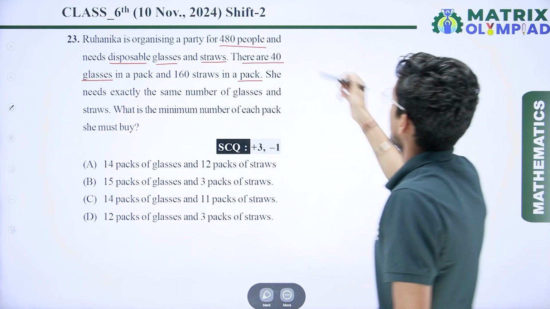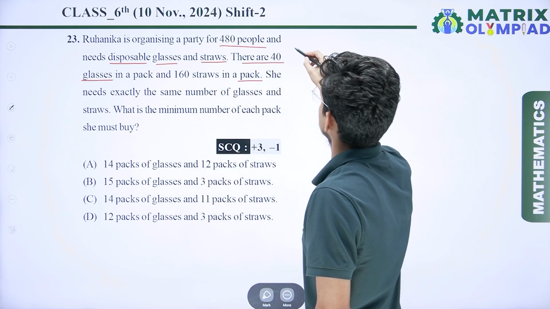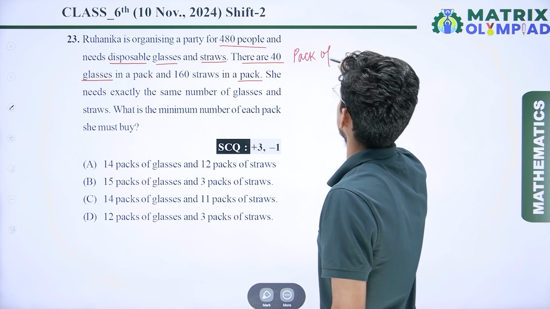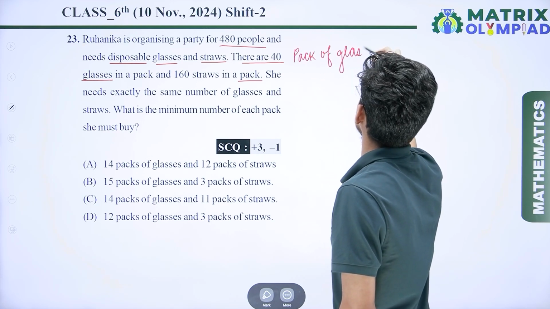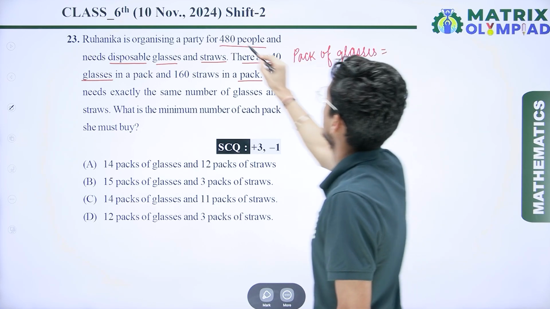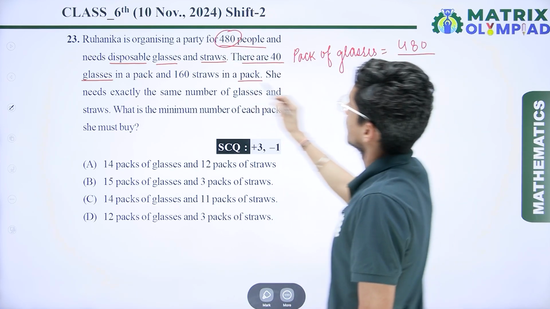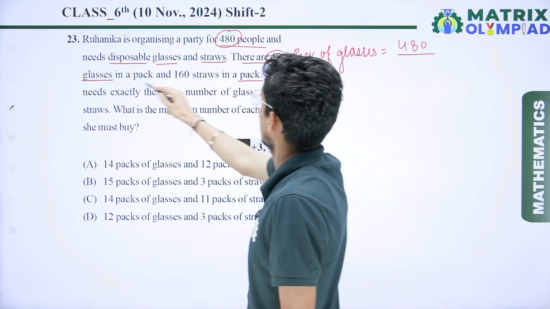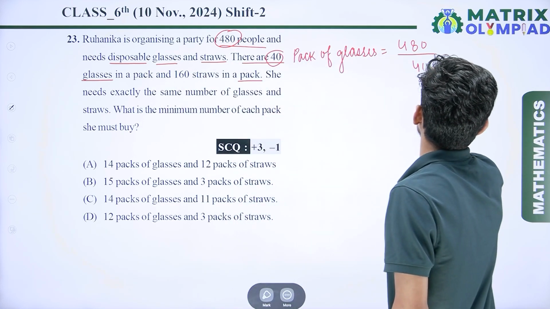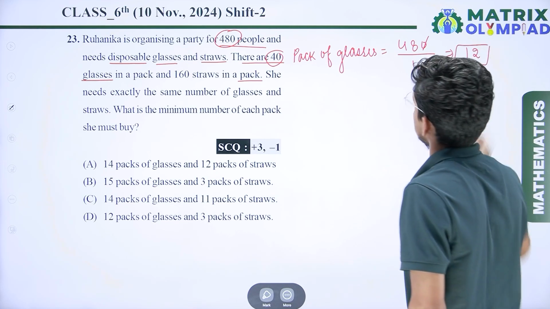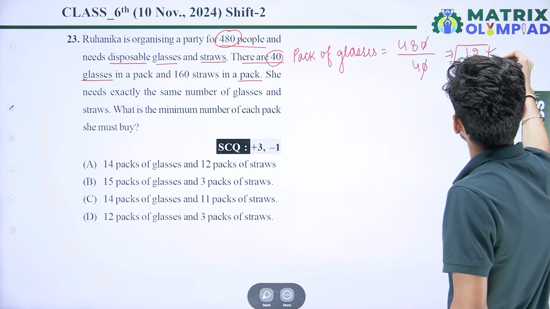So first the pack of glasses: total number of people is 480 and 40 glasses come in a pack. If I divide, we get 12. So packs of glasses Rohanika needs is 12.